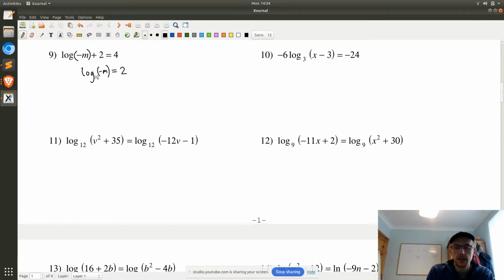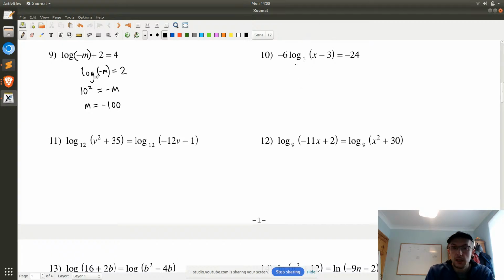So to what power do I have to raise 10 to get negative m? The answer is 2. So you just rewrite it like that. And so if 100 is equal to negative m, that means that m is negative 100.